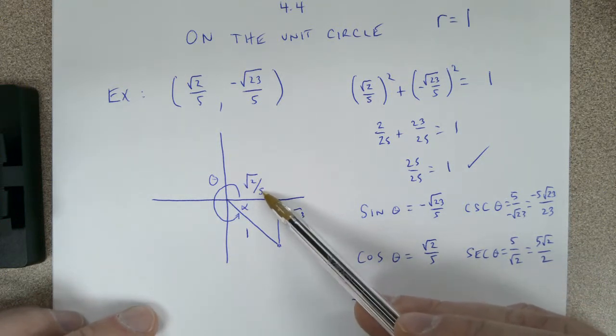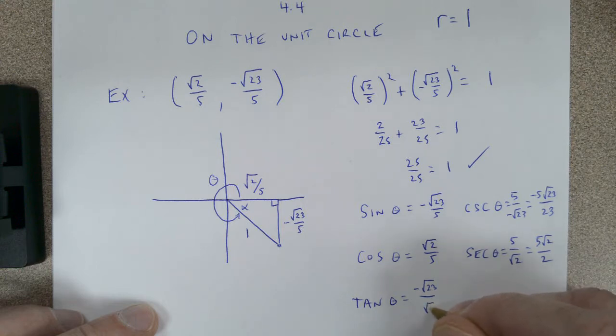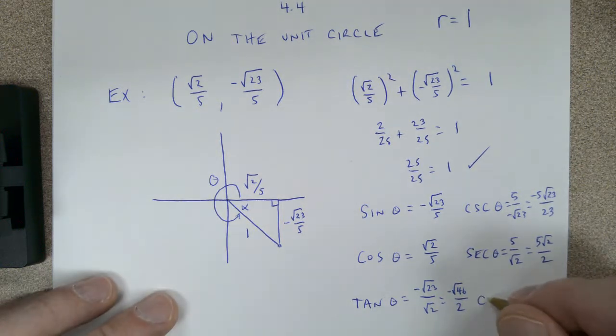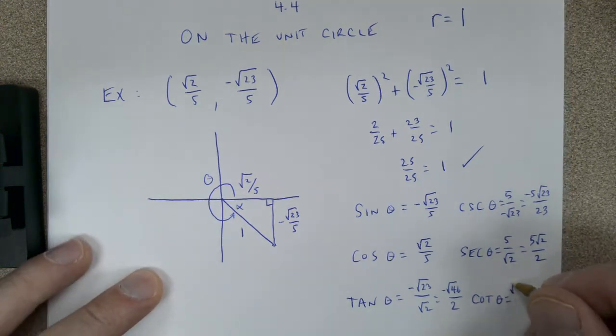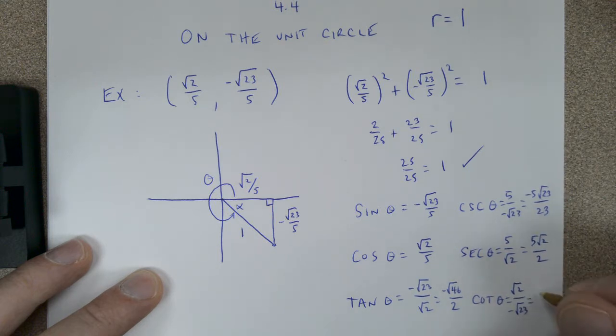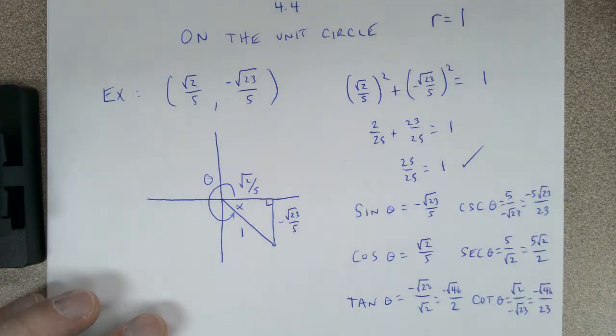So notice here, both of these are over 5, so I can simply write this as negative radical 23 over radical 2, which becomes negative radical 46 over 2. My cotangent theta, I get radical 2 over negative radical 23, which becomes negative radical 46 over 23.